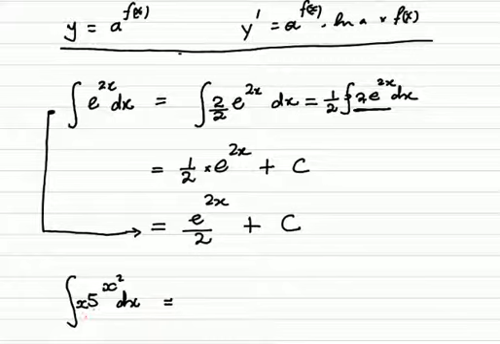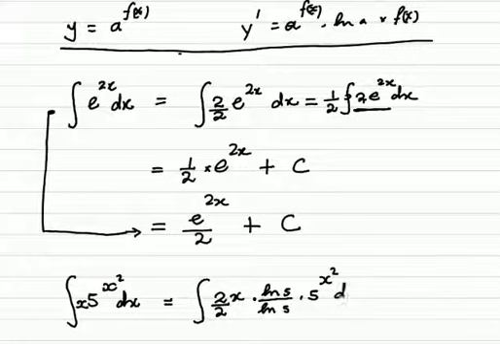So when we integrate this, we've got to take all that into consideration in order to transform what is under the integral sign into a derivative. So we write the integral; we get our 2x there over 2, and we can also have our ln 5 there over ln 5, multiplied by 5 to the power x squared dx.